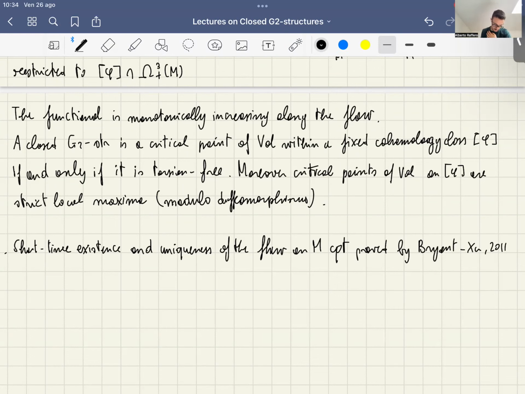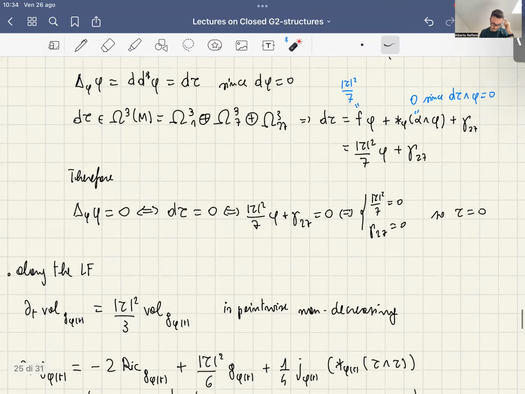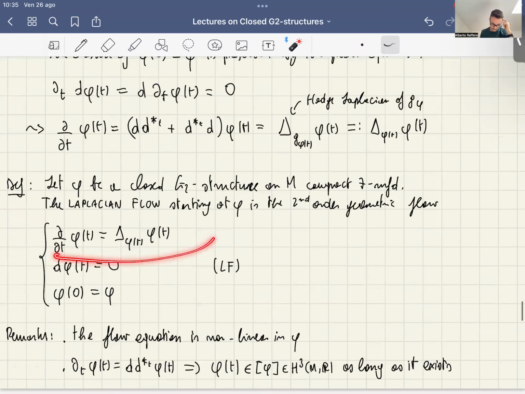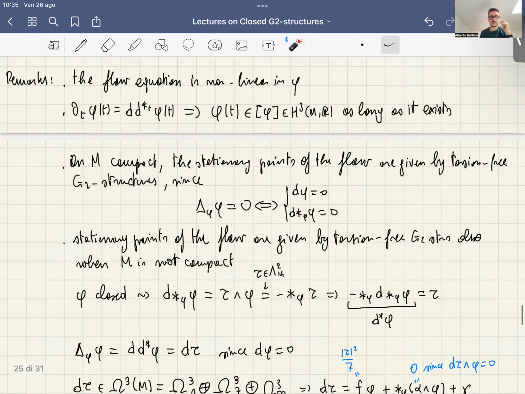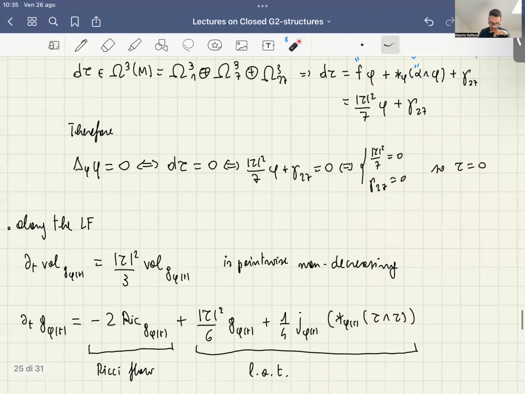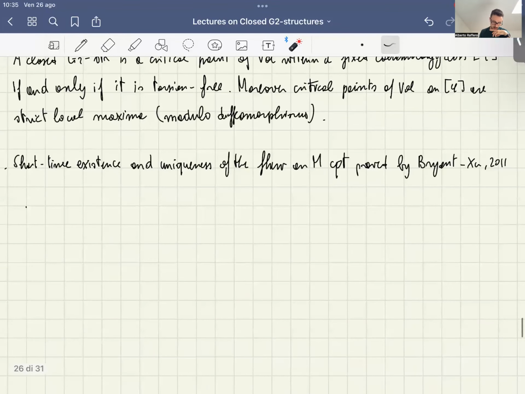And the idea is the following. So you have a flow whose flow equation is diffeomorphism invariant. So in some sense, it resembles the Ricci flow. And so in particular, you can try to apply the DeTurck trick to simplify the flow equation. So the idea of the proof is the following.